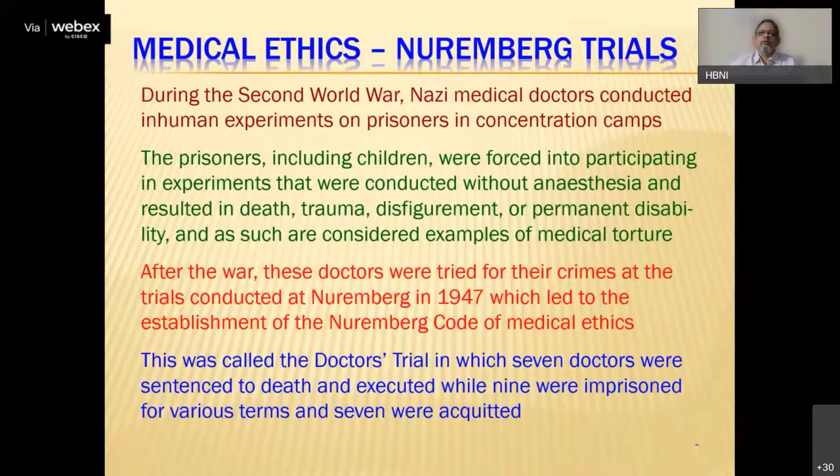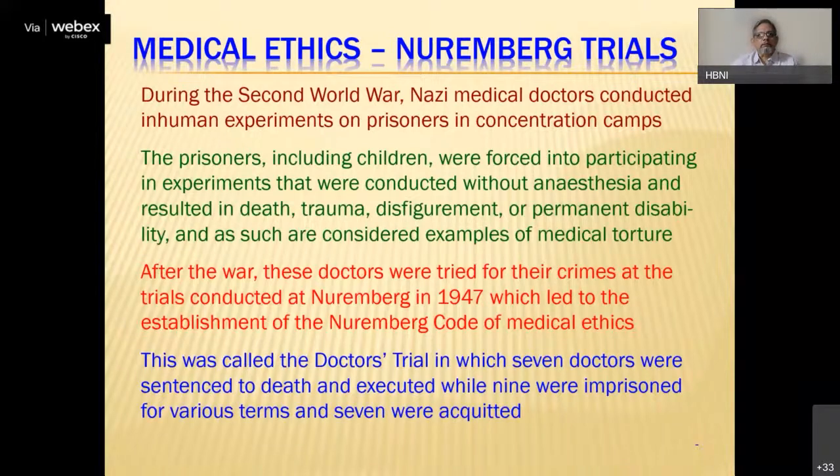And of course, after the war, these doctors were tried for their crimes at the very famous trials called the Nuremberg trials. That was in 1947, for their crimes at the concentration camps mostly.